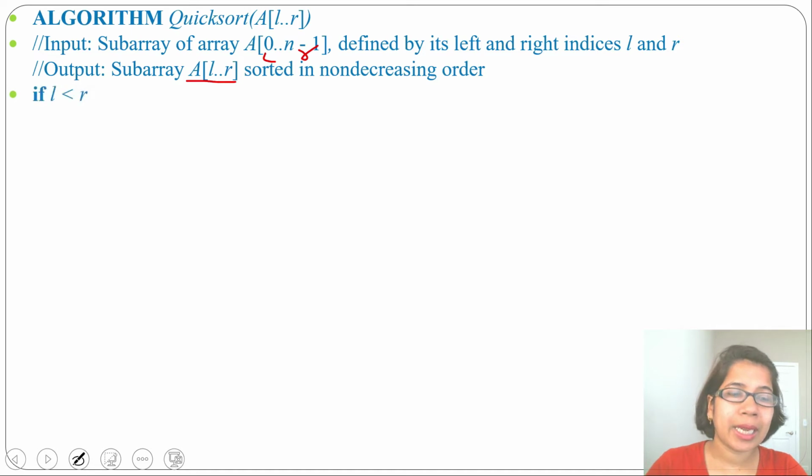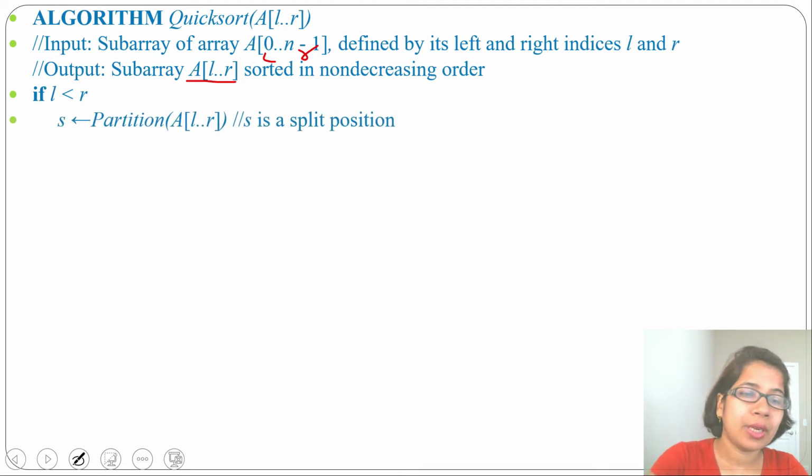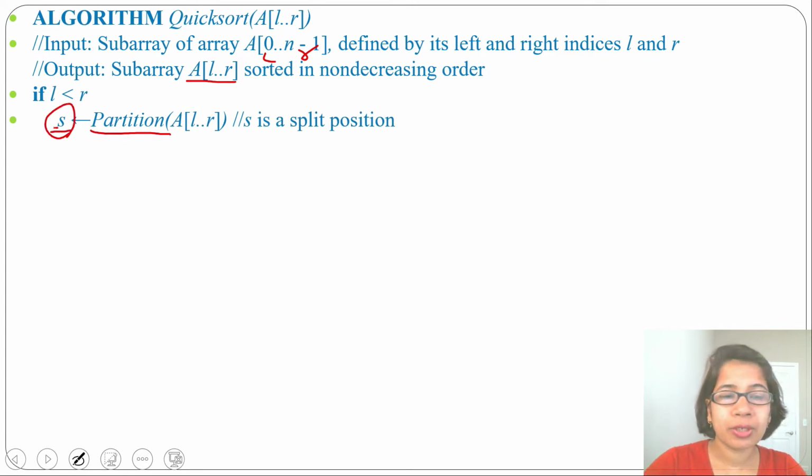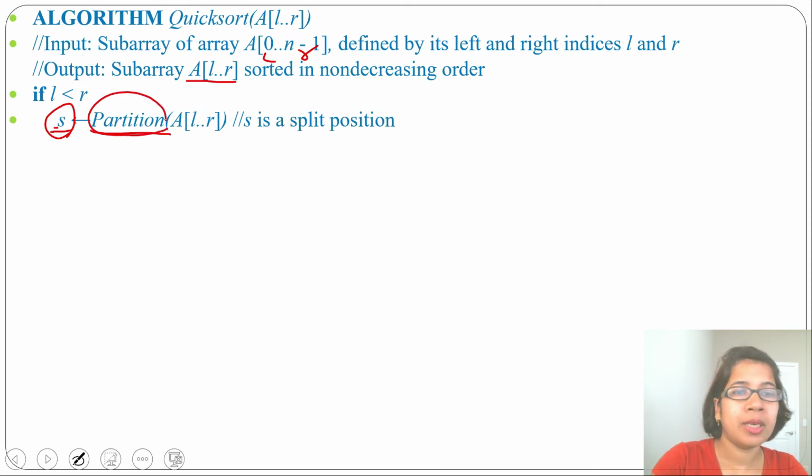So if L is less than R, meaning the left index is less than the right index, S equals partition A of L to R. This partition means you are calling another algorithm, and from there we'll find the split position. This S is the split position. I'll discuss the partition algorithm in the next lecture. Here I'm just discussing the quicksort algorithm.